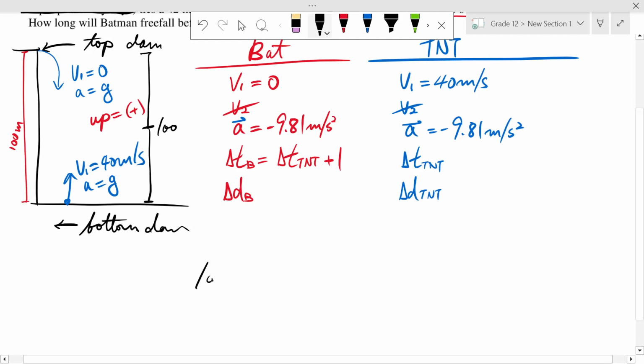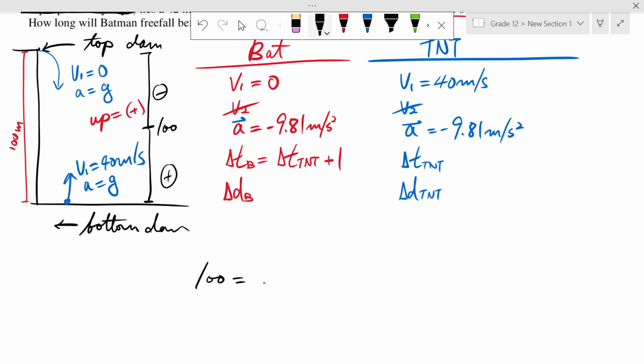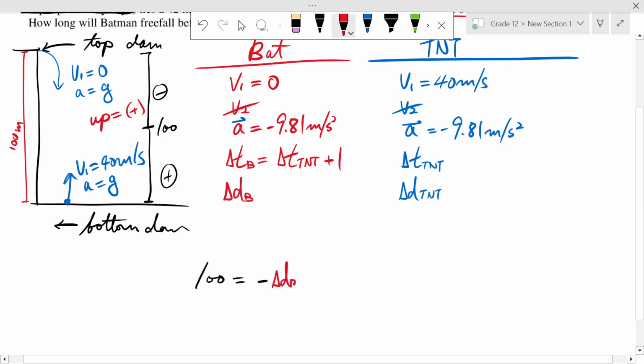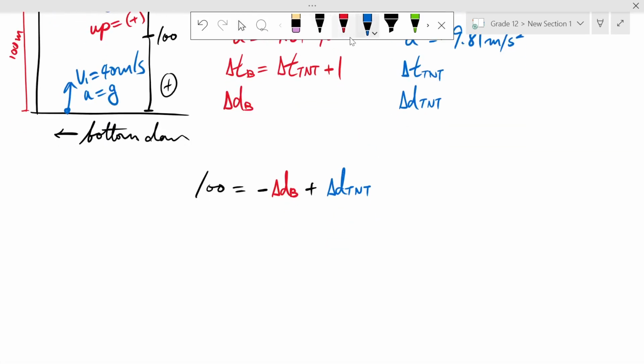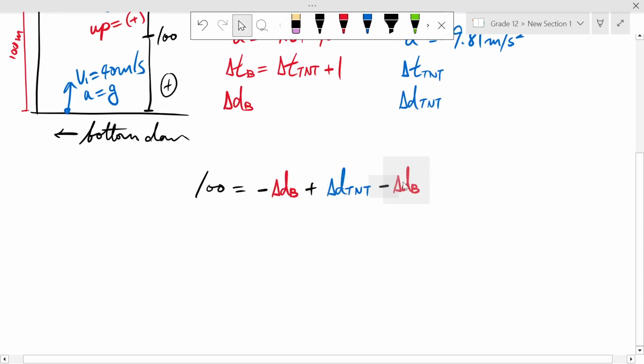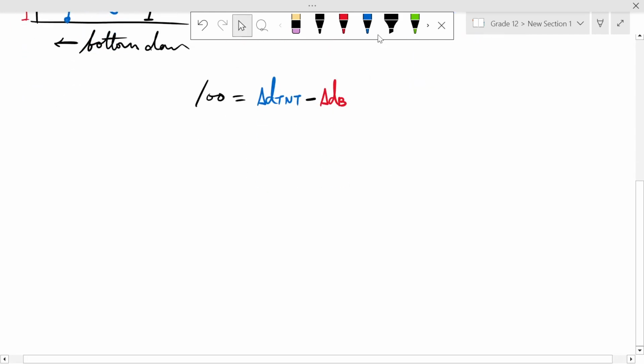That would mean 100 equals, because it's going negative this way, positive that way, I will have a negative Batman's distance, and I will plus a positive displacement for TNT. If I was to rearrange that in a better way, it would just be putting this here. Now I'll get rid of the negative sign. That looks better. We'll work from here.